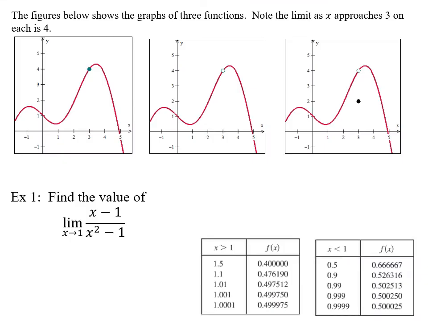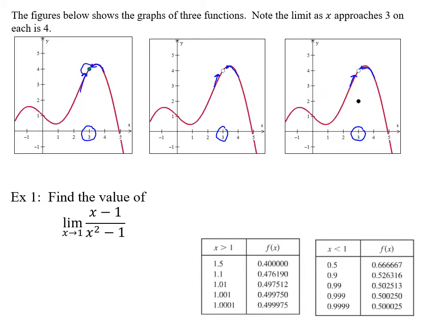Now, to show you again, I mentioned a second ago that it doesn't actually matter the value there as long as you're getting closer. If you look at these three graphs up here, and you note that if you take the limit as x approaches 3 on all of them, so if you look at 3, 3, and 3 on all three of these graphs, as you approach closer and closer to x equals 3, you're getting closer and closer to the exact same spot.